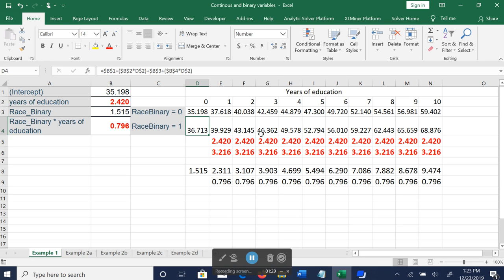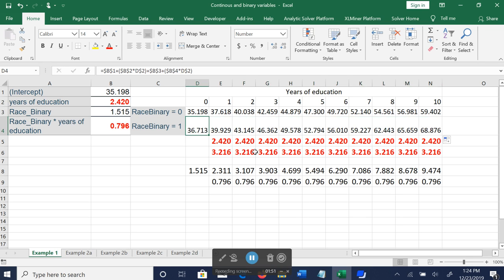And we can estimate the income for those from ratio category 1 with 1 year of schooling, with 2 years of schooling, and so on. We can just copy the formula over from this cell.